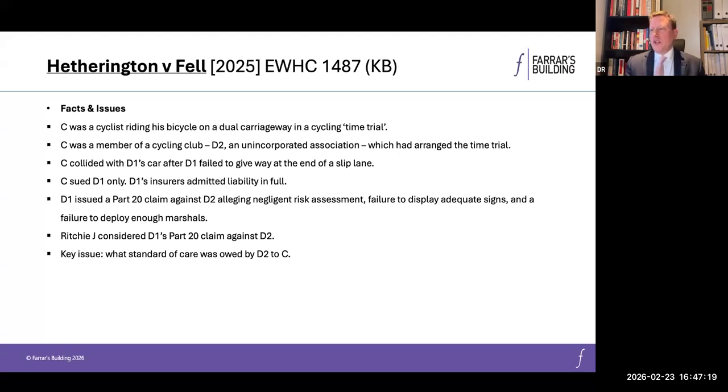The scope of the duty that was imposed on the club in relation to conducting such a risk assessment was a duty to take reasonable care to identify relevant material hazards, assess that level of risk, and identify reasonable mitigation measures within their power to mitigate. But in assessing the standard of that care, the standard was to be one of a reasonably competent and reasonably informed voluntary organisation, i.e., not a professional event organizer.